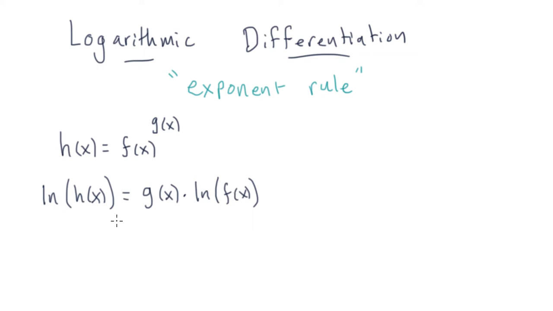And now what we do next is just implicitly differentiate this relation. Okay, so there's kind of a cool way to think about the derivative of log of something. The derivative of the log of a function is just 1 over the function times the derivative of the function. Okay, that's just the chain rule. So derivative of log of something, maybe I'll even just make a note of that up here.